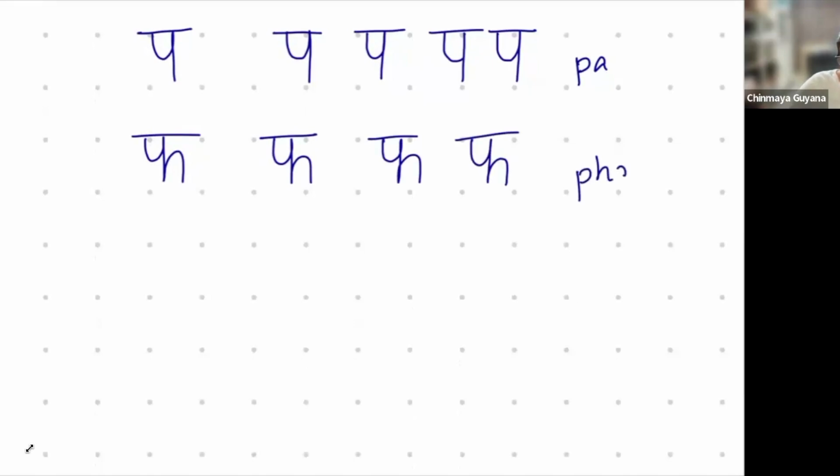Now, Hindi speakers and Hindi script learners, those who have learned Hindi, you will hear them calling this letter F. F is not Hindi actually even. It is Urdu. P is the correct sound. So just make a note.